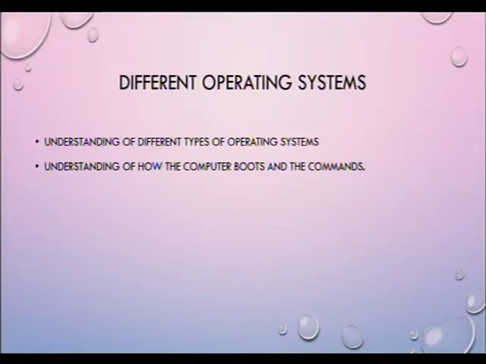We have different types of operating systems, such as Windows. Windows has different versions, such as Windows XP, and those were the versions that came earlier. Nowadays we are using Windows 10 and so on.